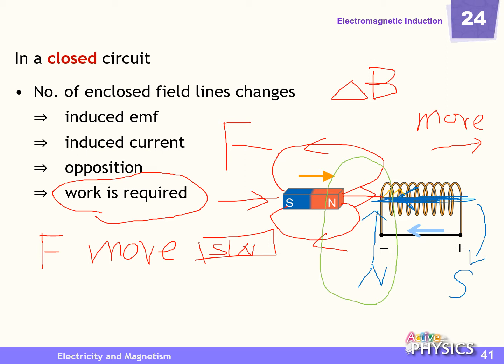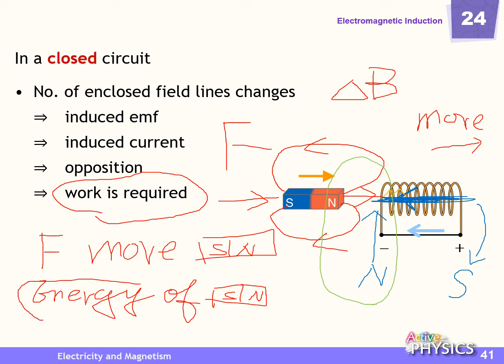Then the energy of the magnet will convert into electrical energy. So in this case, it obeys the law of conservation of energy. The electrical power actually comes from the energy of the magnet.